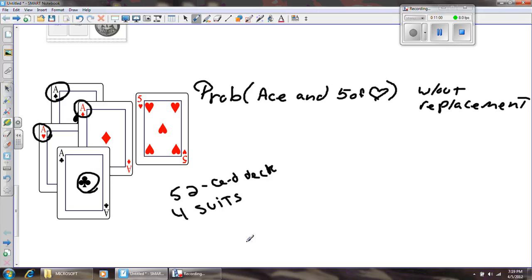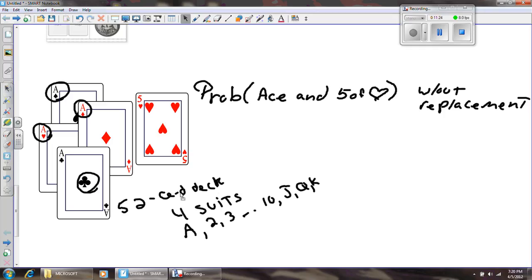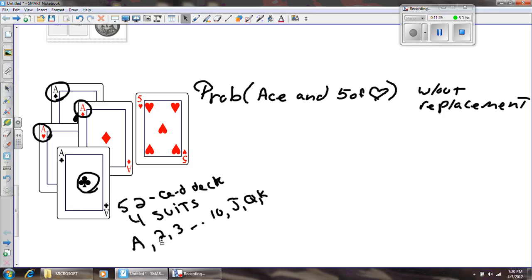Now in each of the suits, the cards go all the way from ace, 2, 3, all the way up to 10. After 10 comes a jack, the queen, and the king. So 13 cards in each of the 4 suits. All right, you have to understand that before you're able to do the problem. So it's a 52 card deck, 4 standard suits, and each suit goes ace through king, 13 cards.